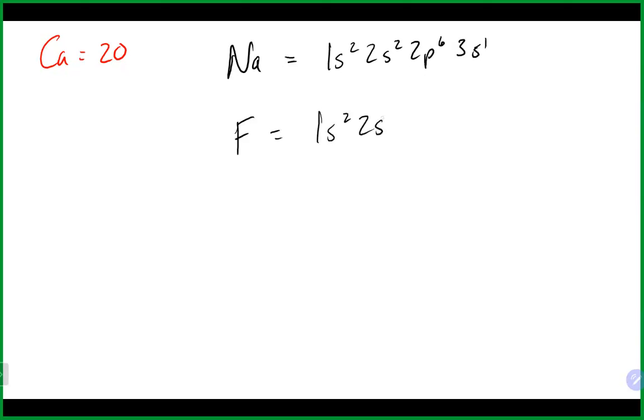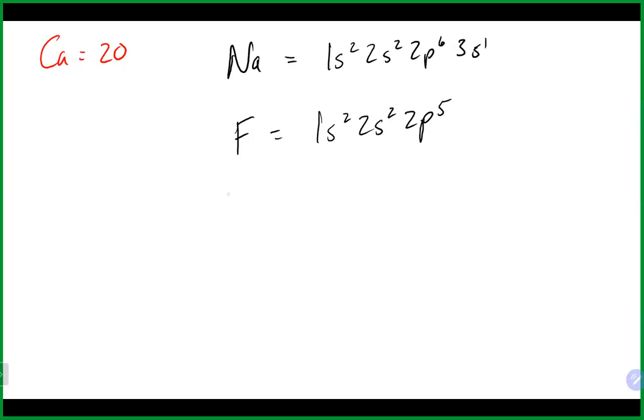Now, speaking of electron configuration, if we do have something that has a charge, we'll use our two examples there: our sodium, which is 1s2, 2s2, 2p6, 3s1, and our fluorine, which is 1s2, 2s2, 2p5.